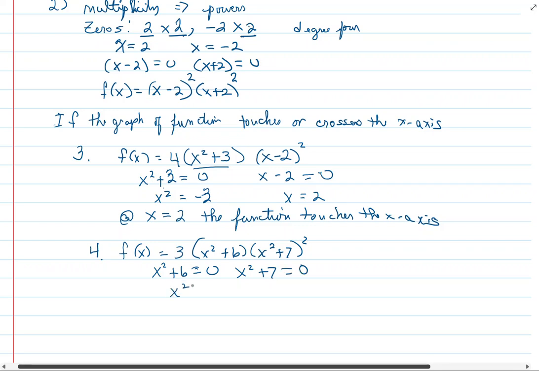This means x squared equals a negative 6 and x squared equals a negative 7. Can't be. It can't have zeros because these are imaginary.